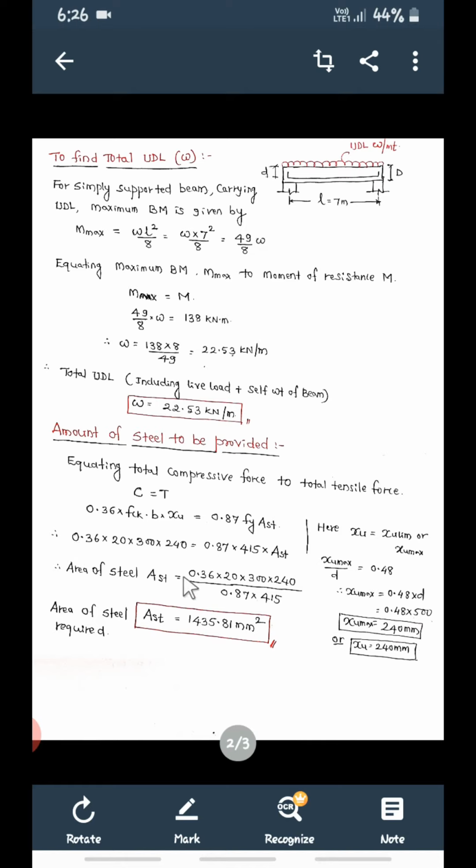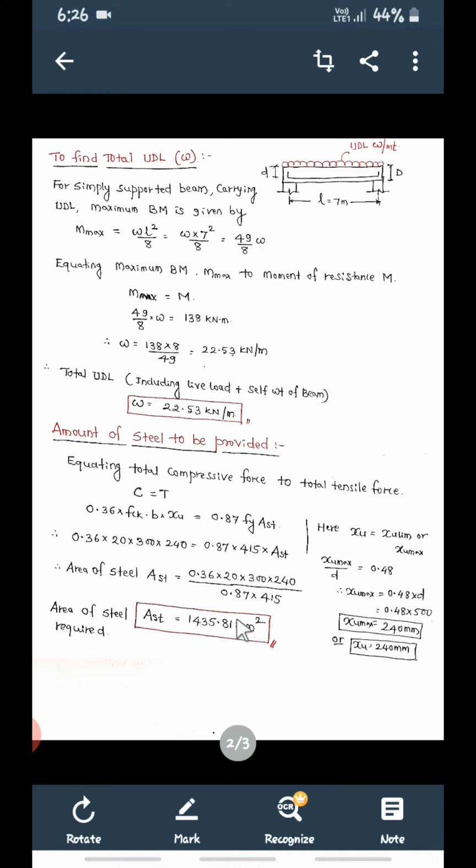That is AST is equal to 0.36 into 20 into 300 into 240 divided by 0.87 into 415. So the total area of steel provided or required will be 1435.8 mm square.